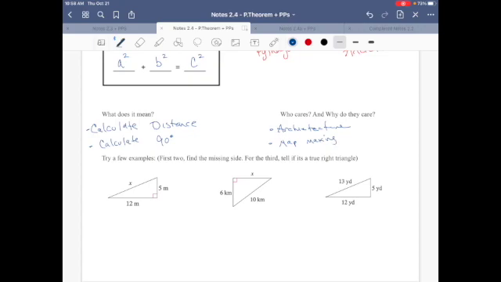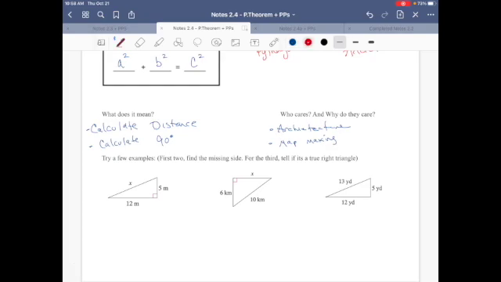This has big implications for our civilization, our ability to create structures at 90 degrees, and our ability to calculate distances on a map without actually having to travel. These were huge technological advances at the time, all based on the Pythagorean theorem.